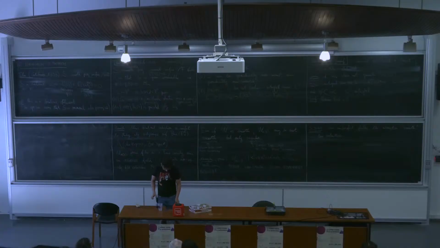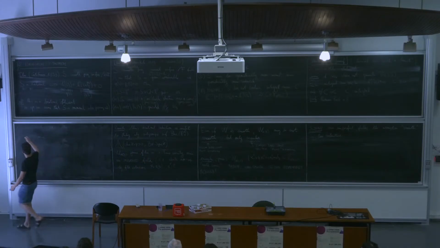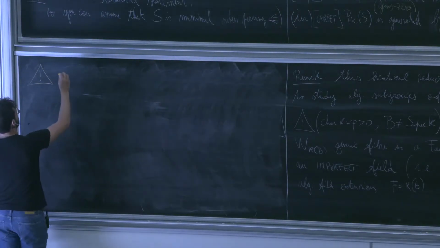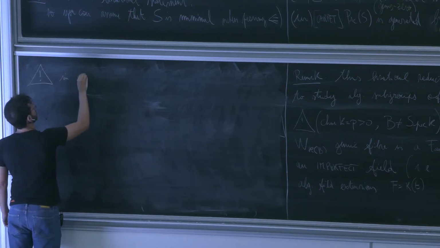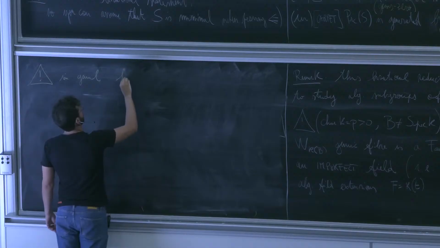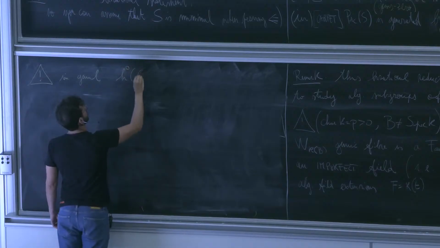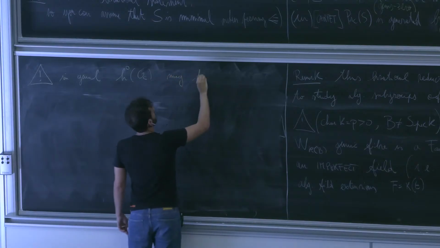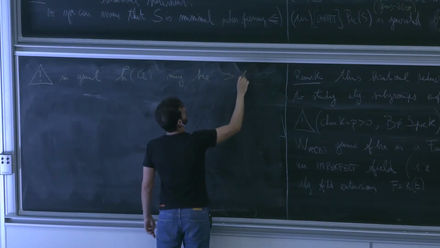All right. So let me write it here in yellow because it's related to imperfect fields, maybe. Is that in general, H naught of OC may be strictly bigger than 1.